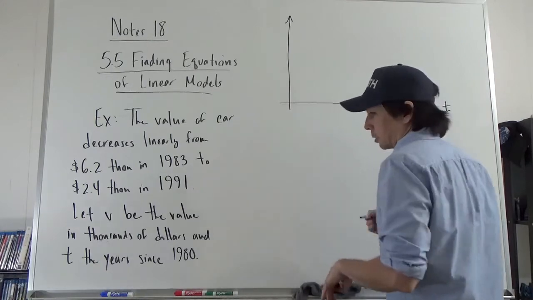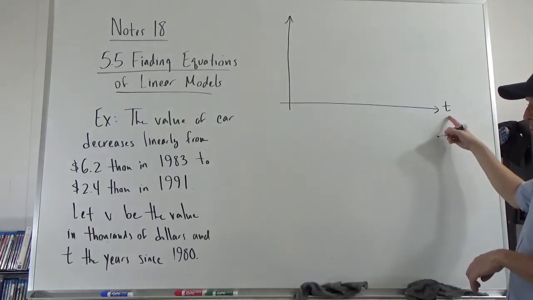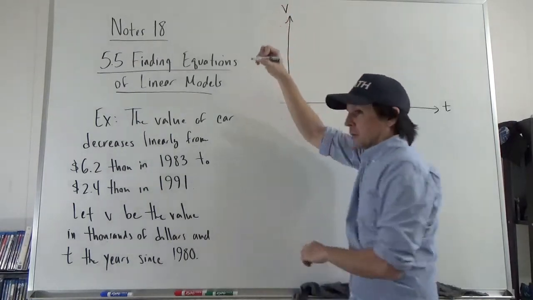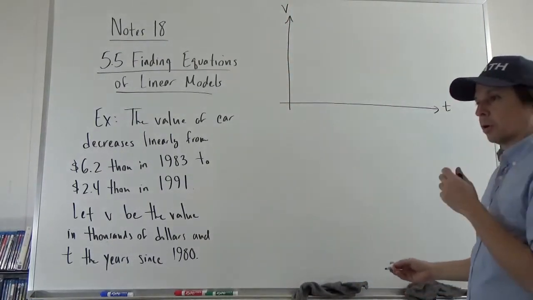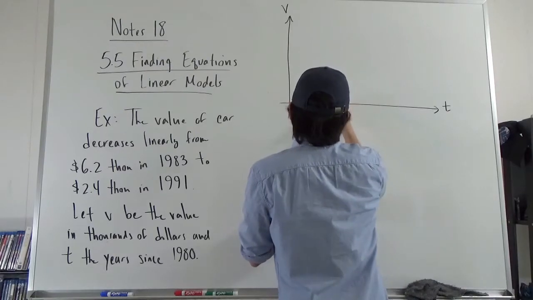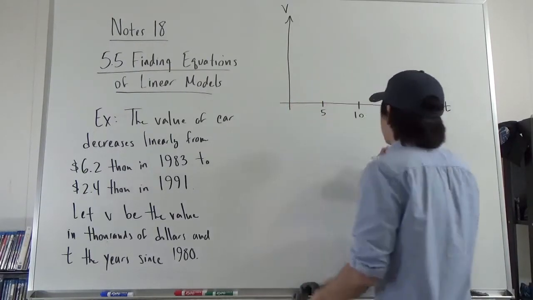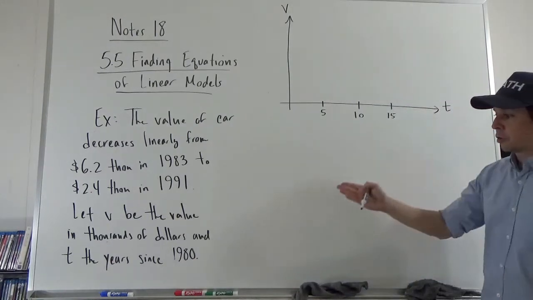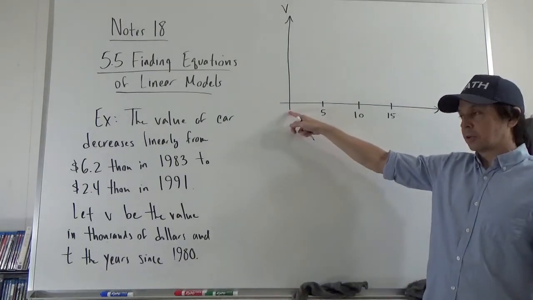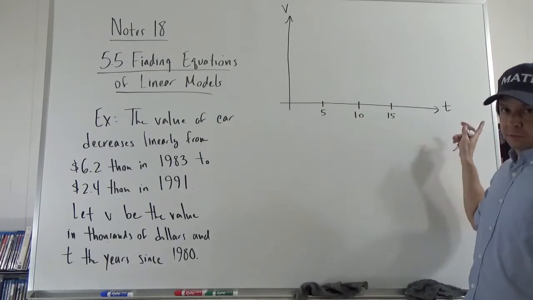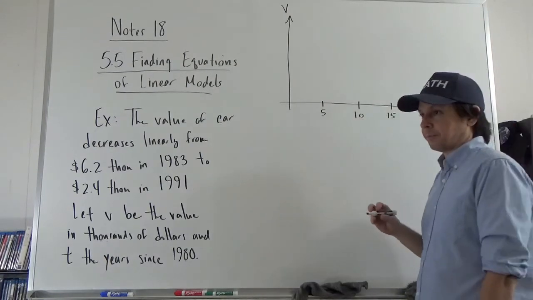So this is very similar to what we did in homework 12. We have T, the years since 1980, and V, the value here. I'll scale it for you. I'm going to go by 5s along the T. T is again the number of years since 1980, so 1980 is there at 0, 1985, 1990, 1995, and you can go further if you needed to, but we won't.